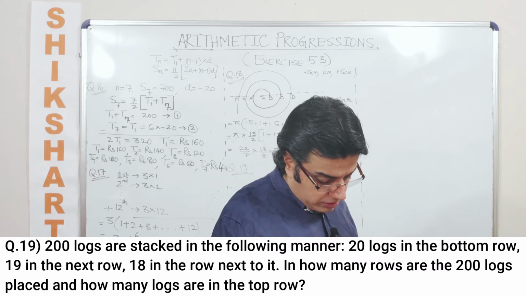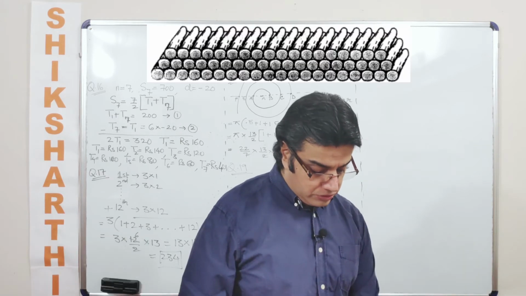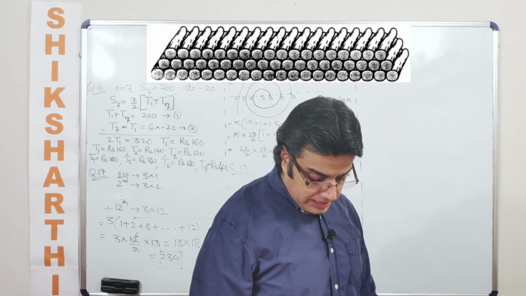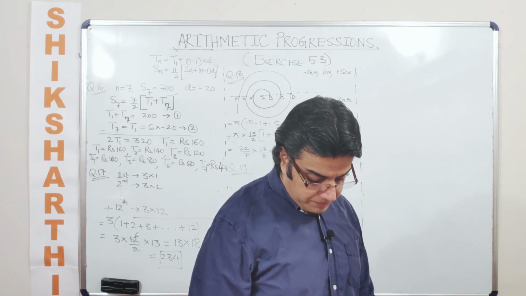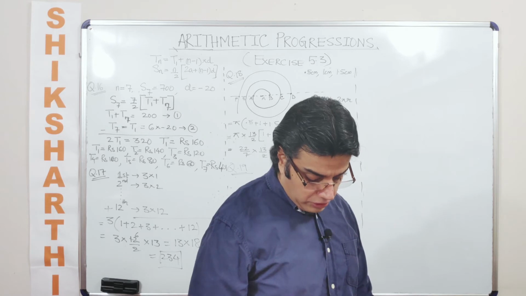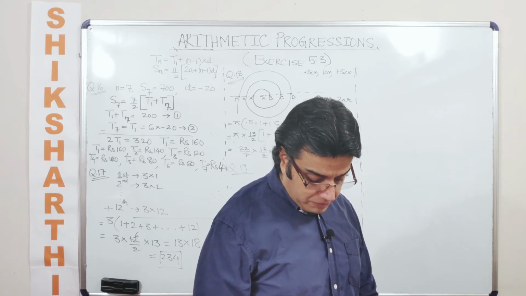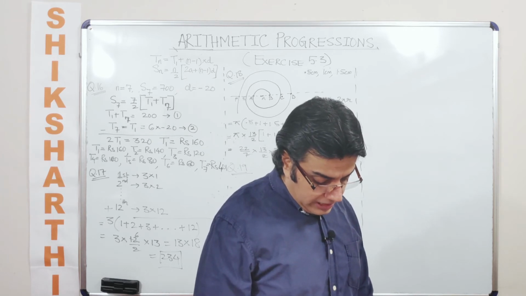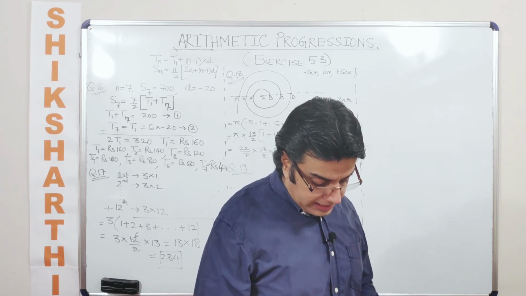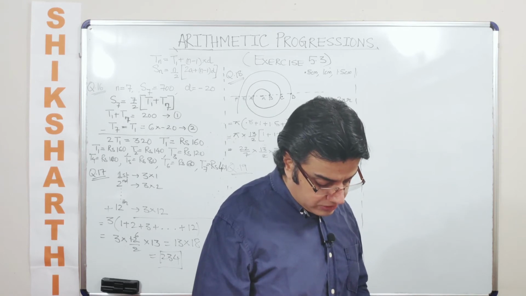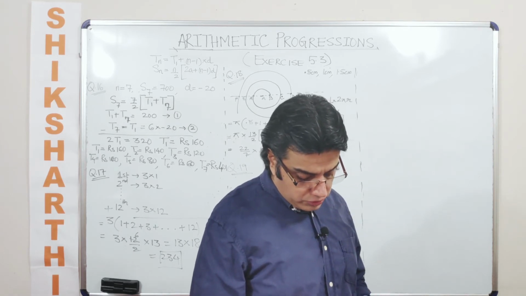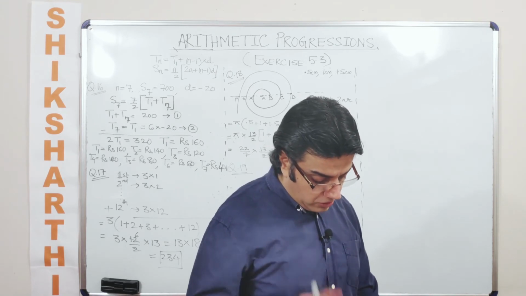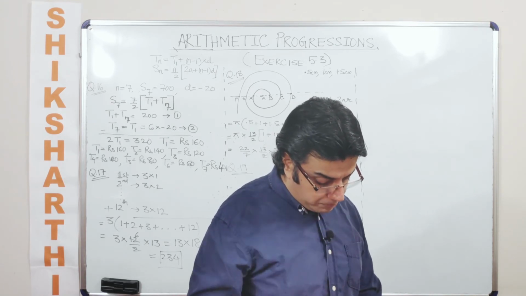Referring to the diagram here, I am not drawing the diagram here, then you are supposed to find out what? There are logs which are piled up one on the other, and it says that 20 logs are in the bottom row, followed by 19 in the next row, followed by 18 in the next row, and so on. In how many rows are 200 logs placed? And how many logs are there in the top row?